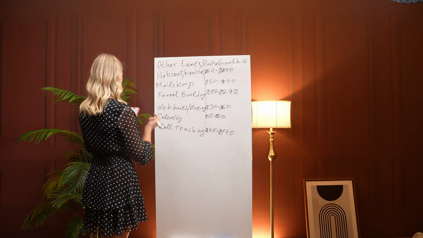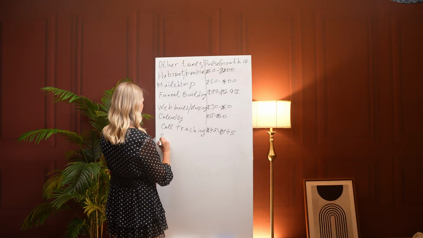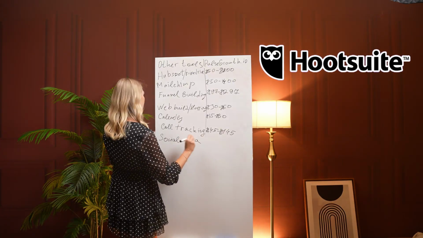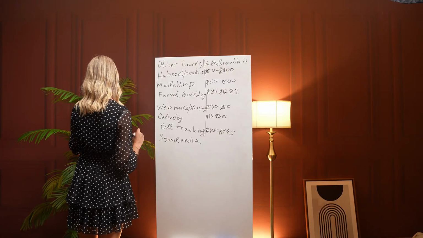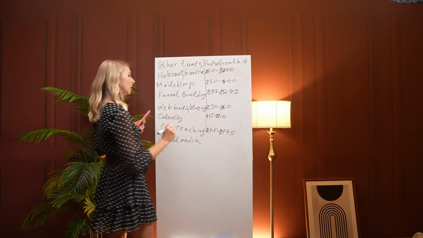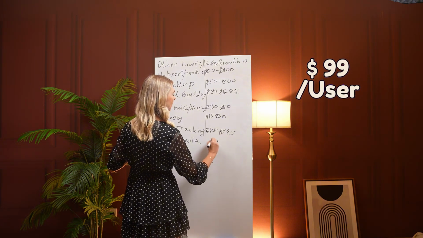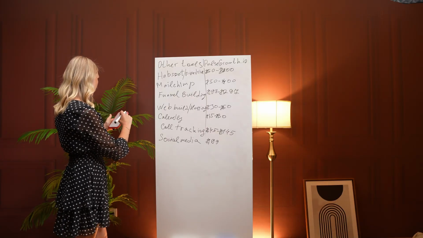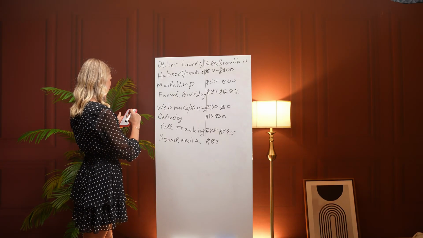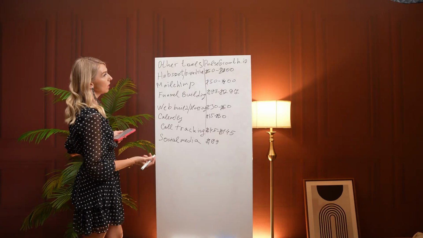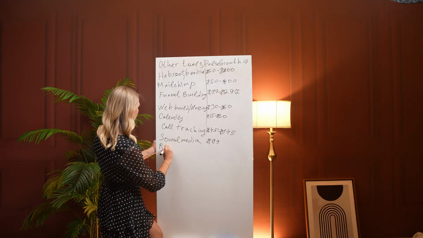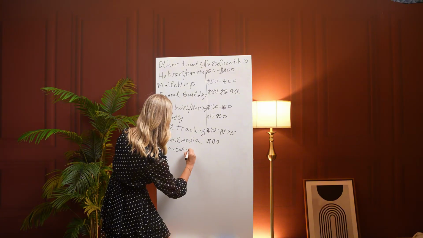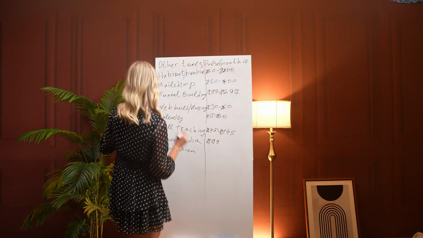And then you're using a social media planner, maybe Hootsuite, right? Social media is $99 per user. What else do we use? We use a reputation management system, something like Birdeye.